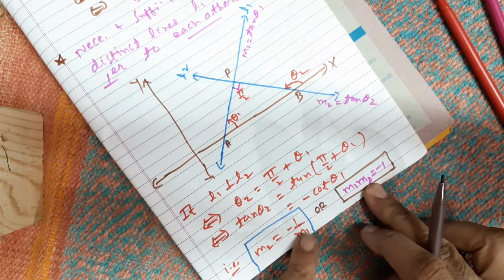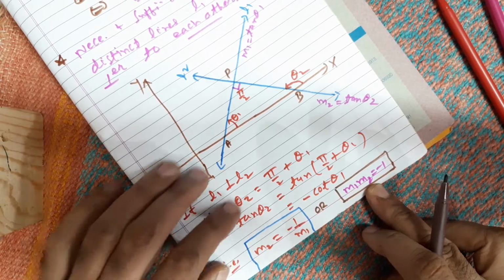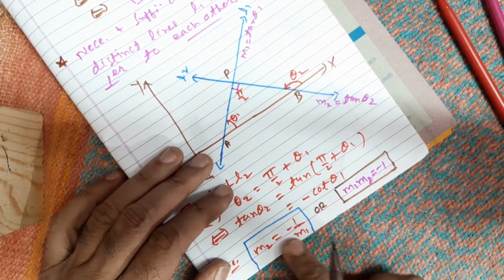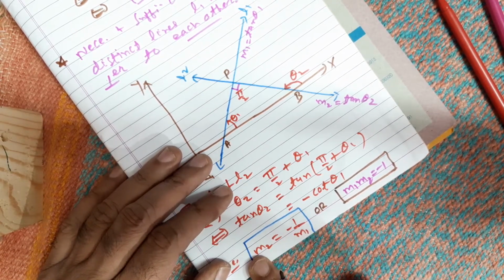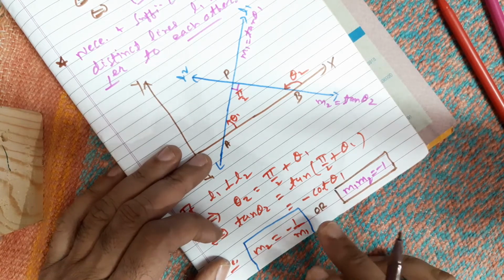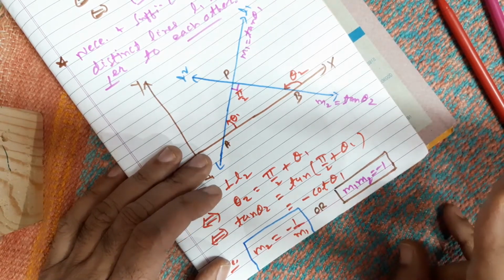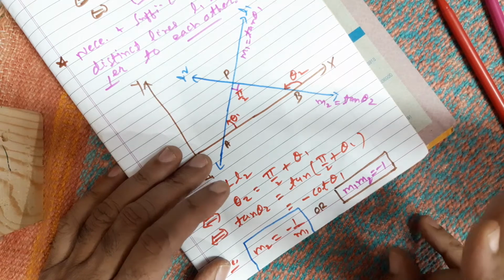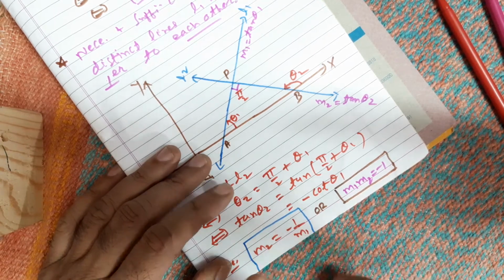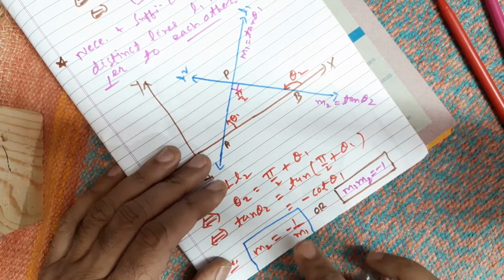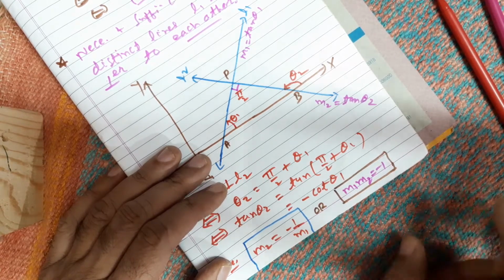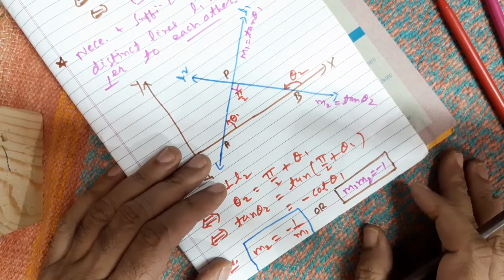Isn't it? And in this way, if you want to explain, then how to explain this thing? That the slope of one line is the negative reciprocal of the other. Listen again to what I am saying. The slope of one line is the negative reciprocal of the other. Negative reciprocal means what?